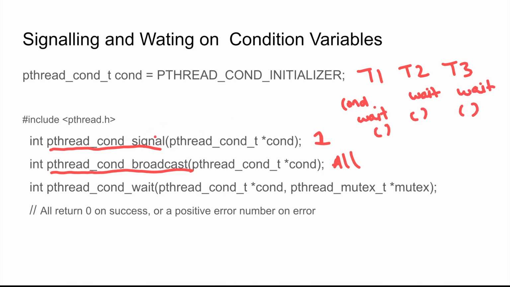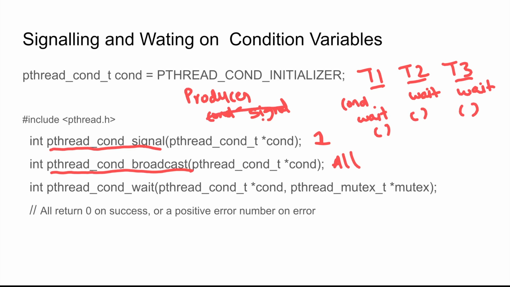If a producer thread does a condition signal, then any one of these T1, T2, T3 threads would be awakened. It will consume all the available units, and all the other threads will continue waiting on the condition variable, maybe for the next signal.